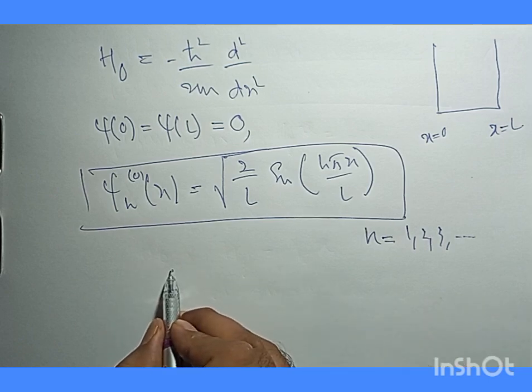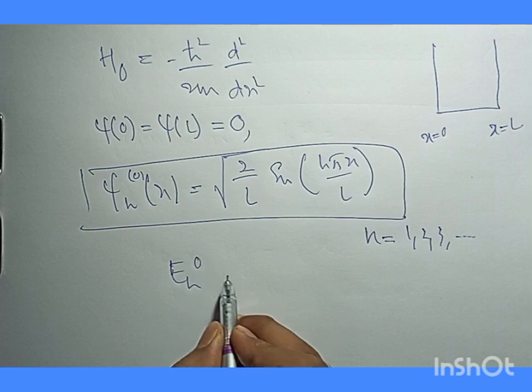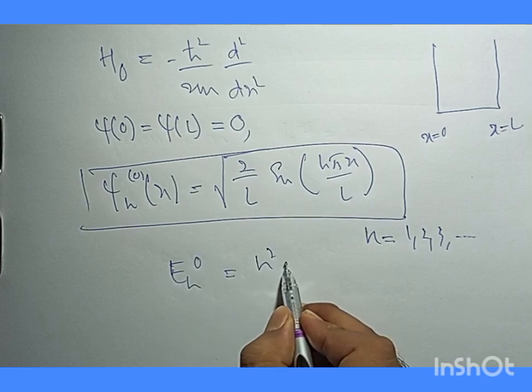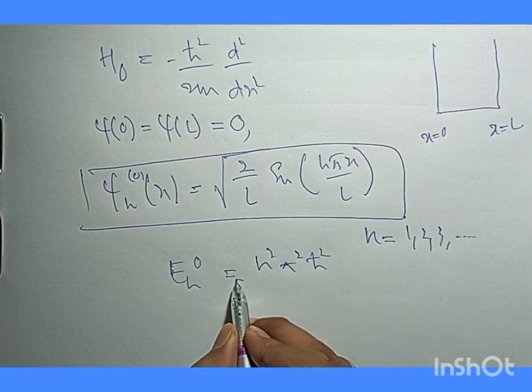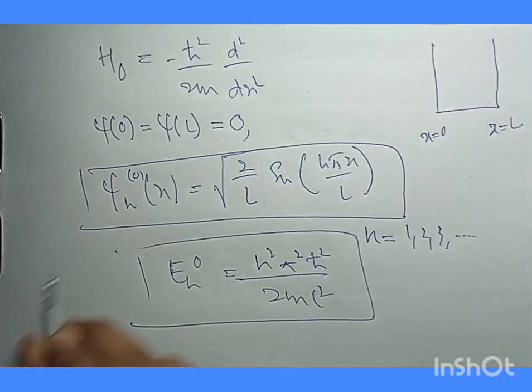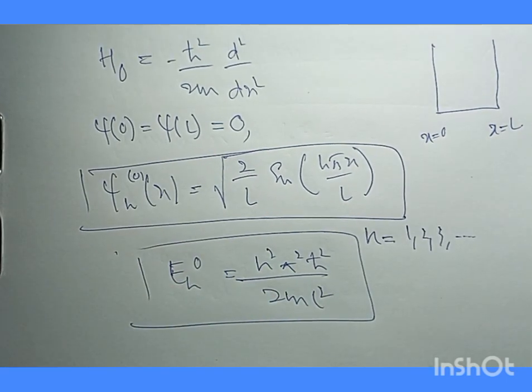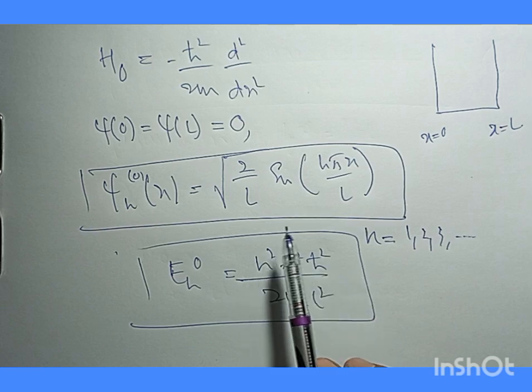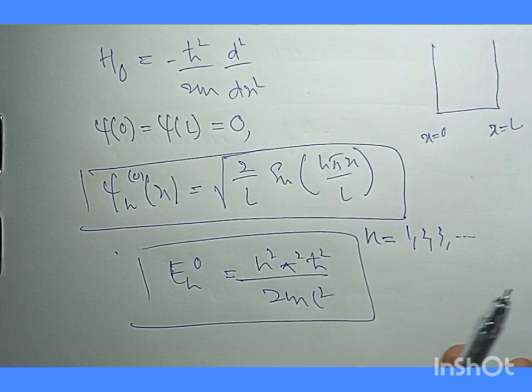What are those energies? That is En naught, which is n squared pi squared h bar squared by 2mL squared. These eigenfunctions form the complete orthonormal set. That's all understood from our previous knowledge.